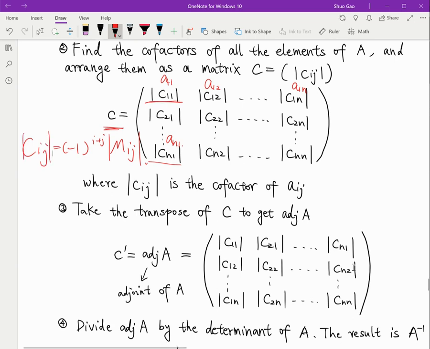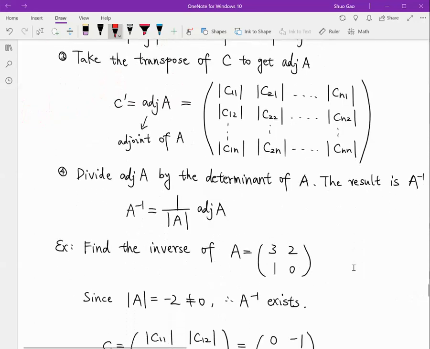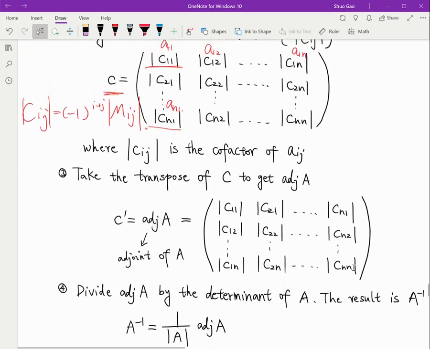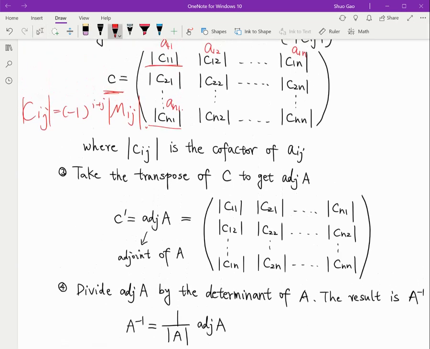And the third step, we need to take the transpose of the matrix C we found above. Take the transpose of C, and we call this matrix the adjoint of A. So the adjoint of A is defined to be the transpose of C, C prime.